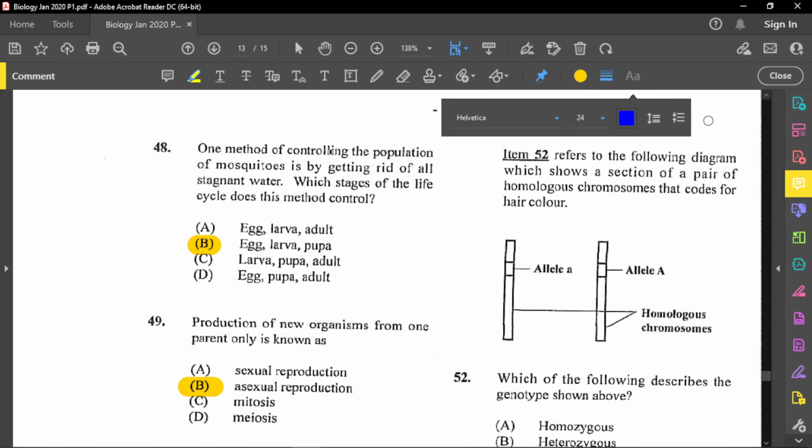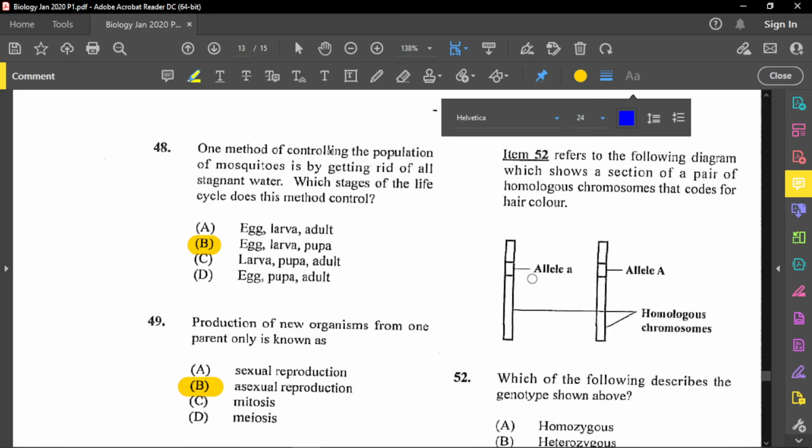Now, for 52 now, it refers to the following diagram, which shows the section of a pair of homologous chromosomes, which means that there are two similar chromosomes responsible for the same type of genes, right? Or the same type of characteristic. Now, they're homologous and code for hair color. Now, if you notice the genes on them, the way the genes are found, they are called locus, so make mention of that.